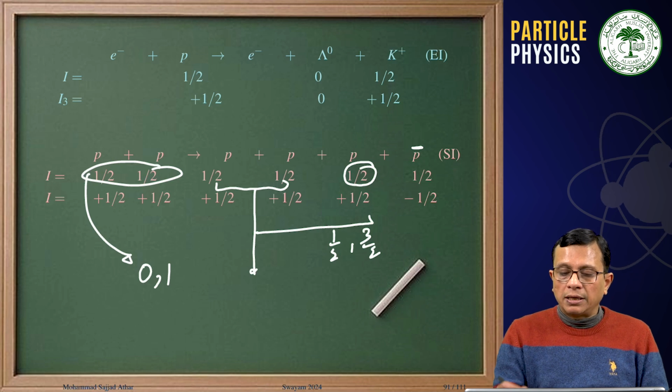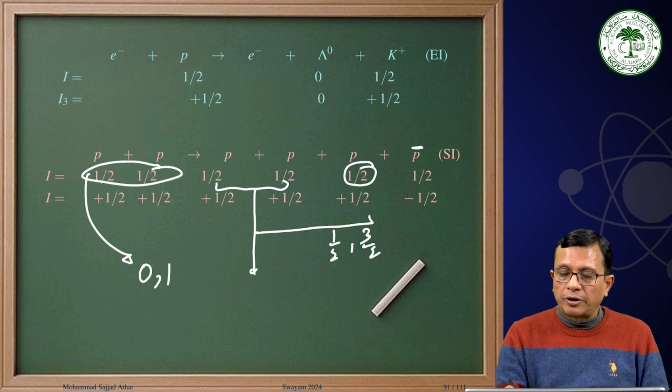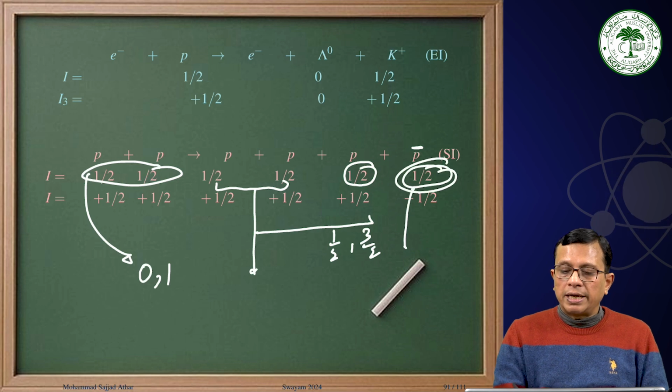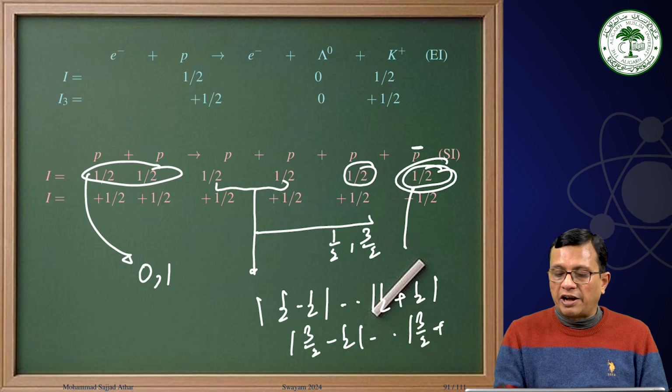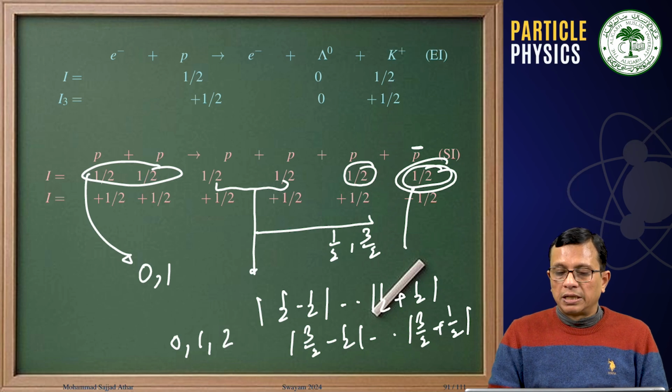Then you are adding this half from here. Then again this will go from half minus half to half plus half, as well as from 3 by 2 minus half to 3 by 2 plus half in steps of unity. Therefore, what you notice is that the possible values are 0, 1, 2. Therefore, in the final state, you have I as 0, 1, 2.